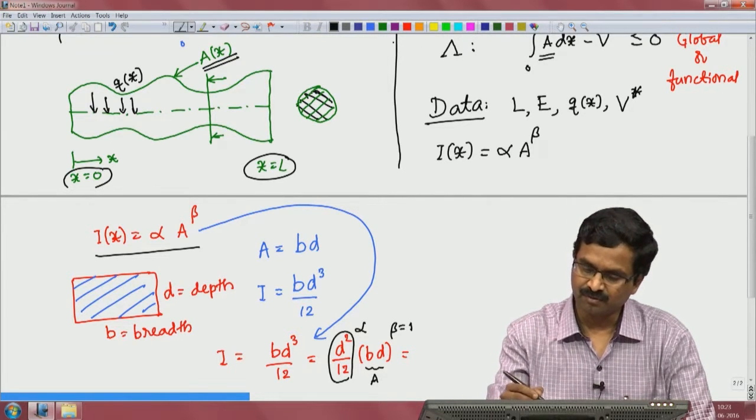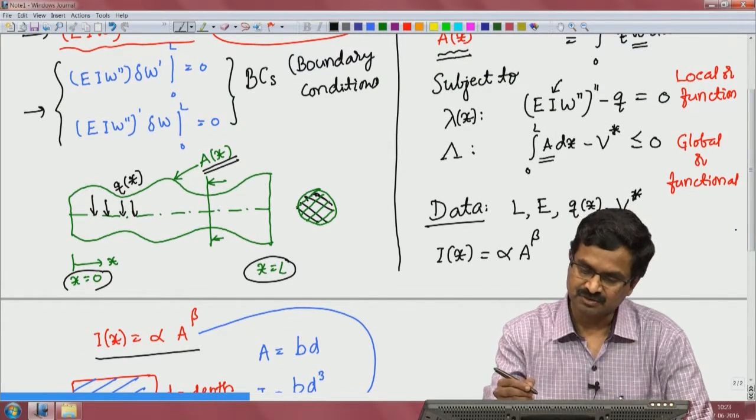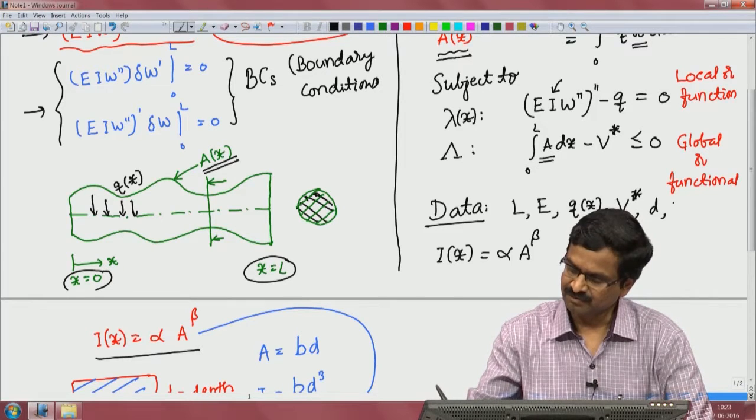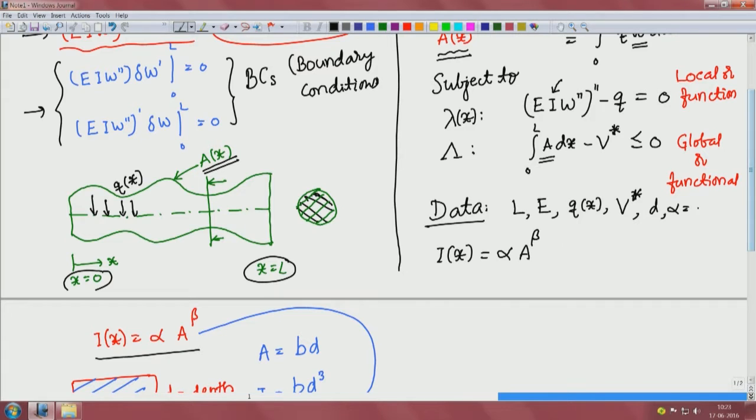So, when we go back to the problem statement over there, let us assume that we know d, okay, and we know this alpha, which is, as we just did, is d square by 12 and then beta equal to 1. So, that when we take I in this form, I will have simply d square by 12 times A.